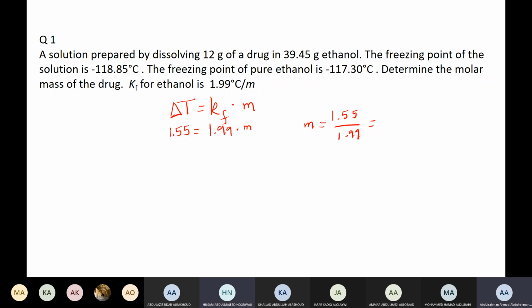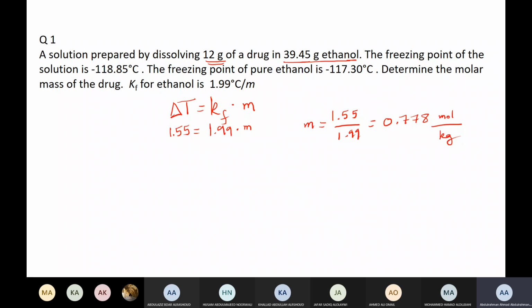I need an answer, please, quickly. 0.778. 0.778 molar, which is moles per what? Per kilogram. Okay. All right. The drug, there was 12 gram drug dissolved in 39.45 gram ethanol. Then, and this is the molality. Okay.